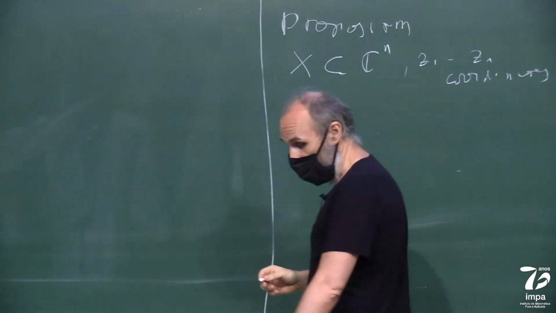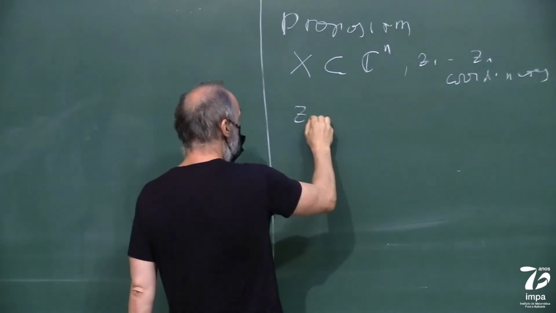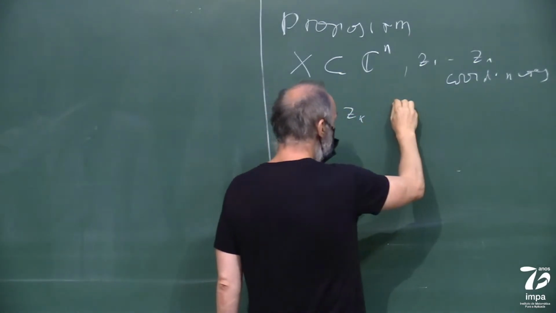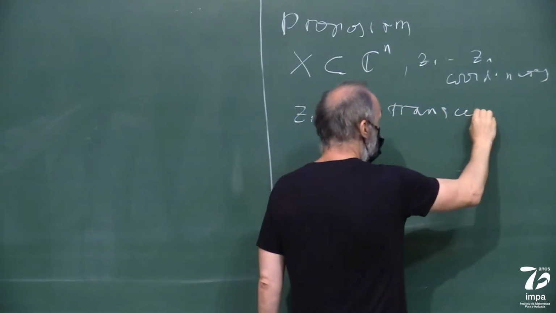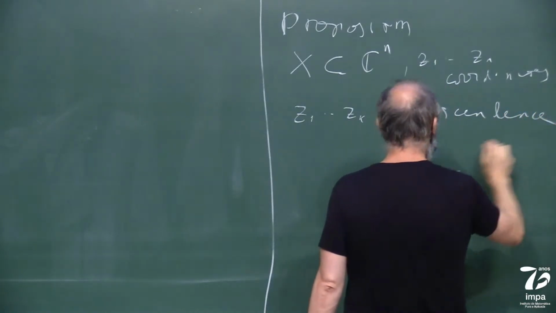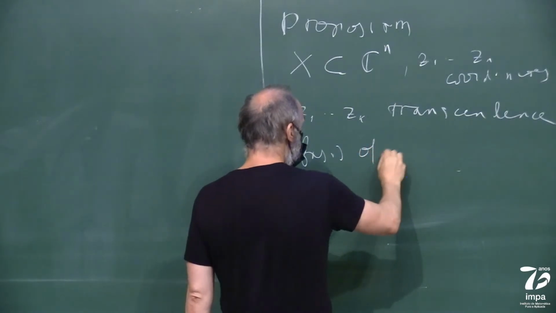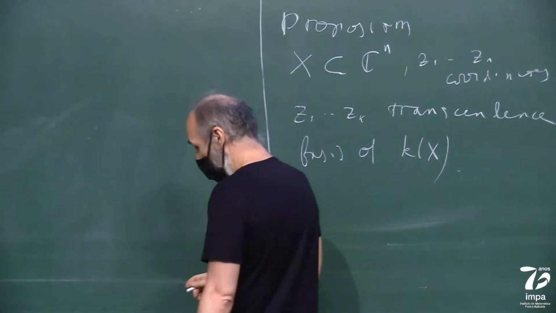We can renumber these coordinates in such a way that Z1, ..., Zk are a transcendence basis of K of X. So how do you do that?